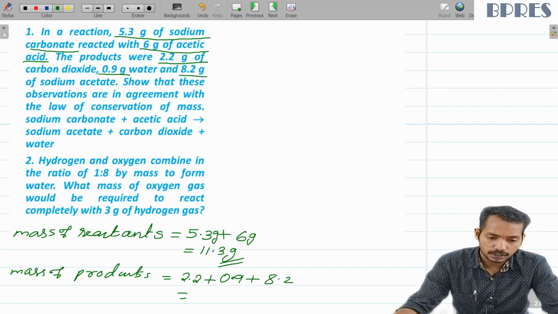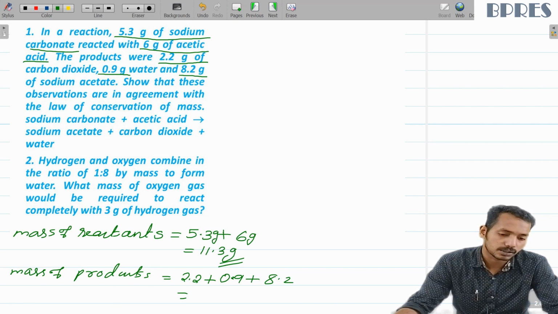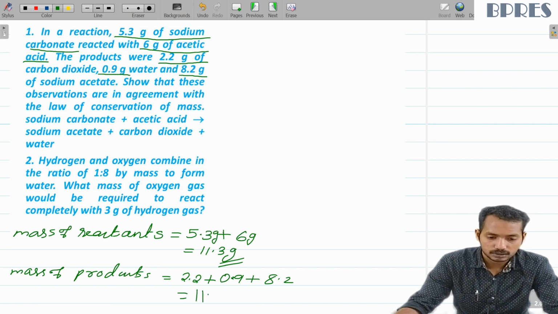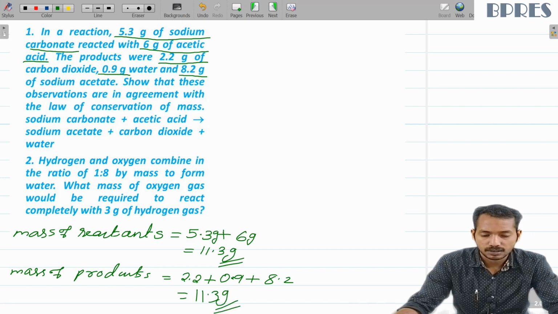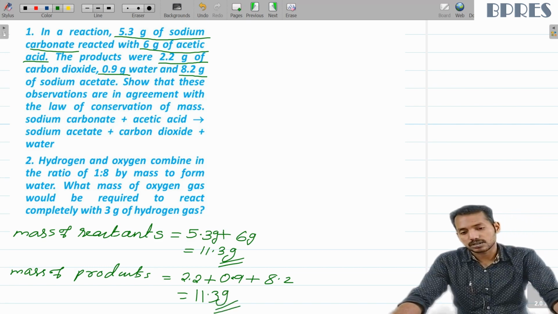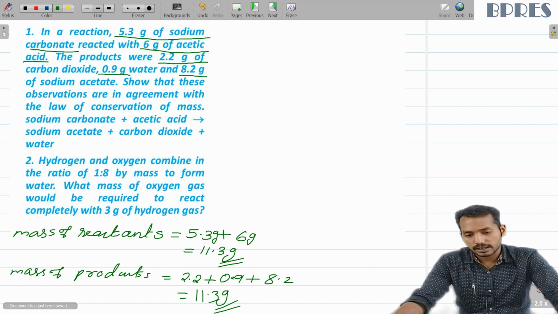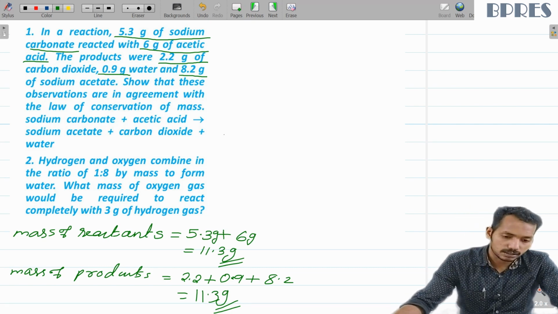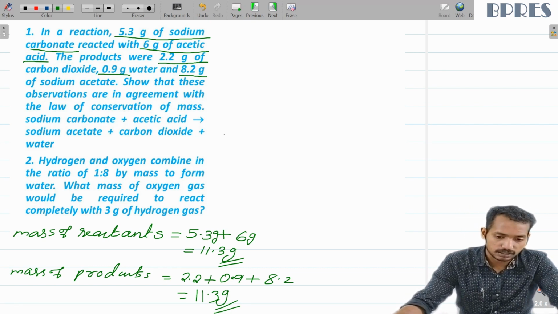So 2.2 plus 0.9 is equal to 3.1. 3.1 plus 8.2 is equal to 11.3 gram. Clear? So this is in agreement with the law of conservation of mass, because mass of reactants is equal to mass of products. Clear? You can write the statement.